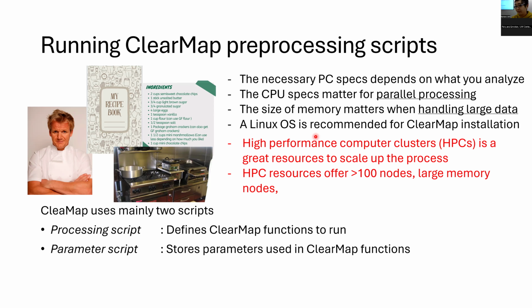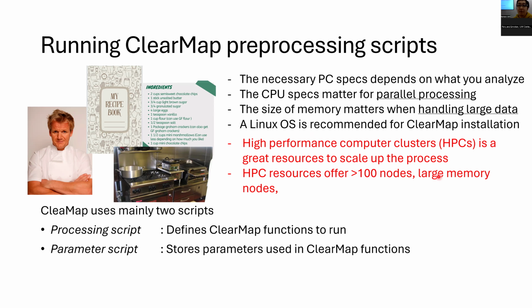And then you find that can't work on the computer that you constructed. But if you work on a high performance computer cluster, it's typical that they will provide larger memory nodes or more CPUs, more nodes in general. So you can say, okay, today we use this data set with a better node.